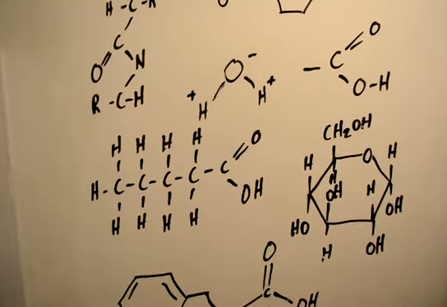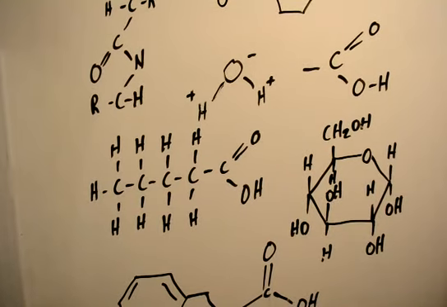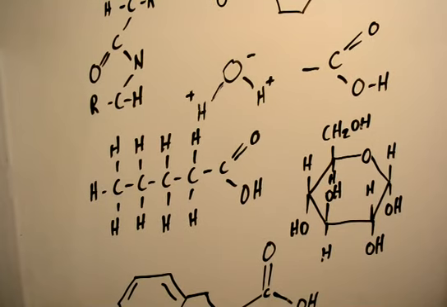Now, on the matching at the bottom, you had to decide which substance was either a protein, a lipid, a nucleic acid, or a carbohydrate. Now, if you're looking at carbohydrates, then you're looking for glycogen, you're looking for starch, and those are the only two carbohydrates that are on the bottom.